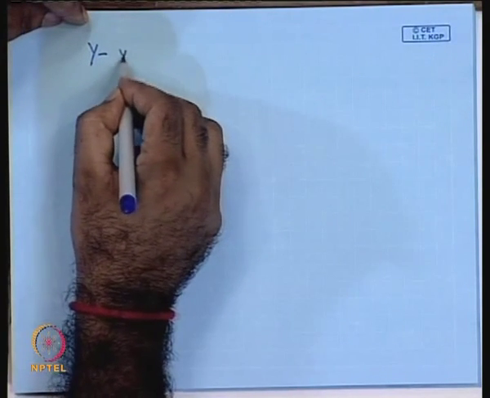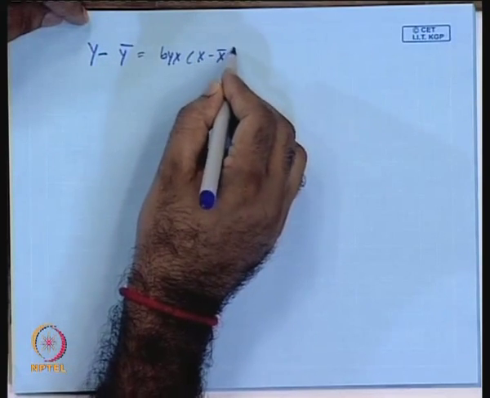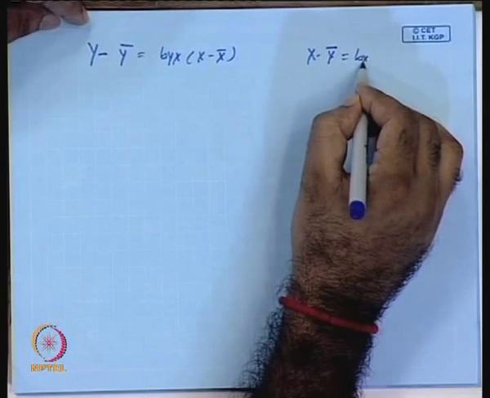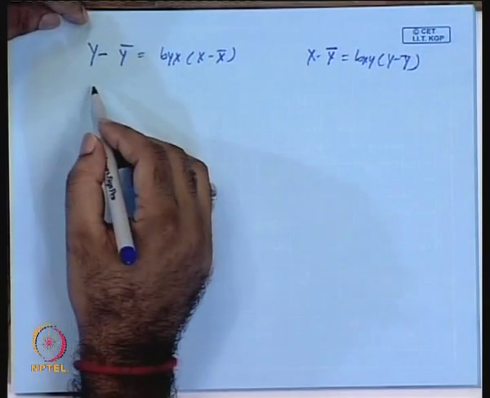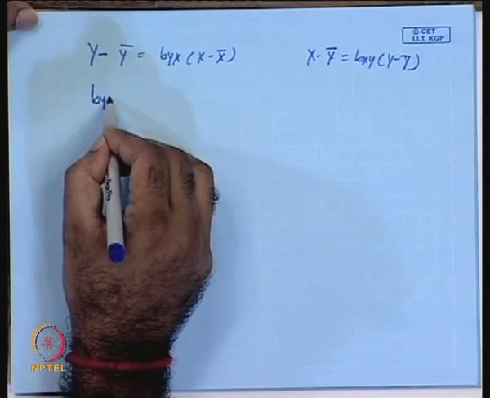So now we have two different equations: y minus y bar equals byx into x minus x bar, and on the other side, x minus x bar equals bxy into y minus y bar. First of all, we calculate byx.